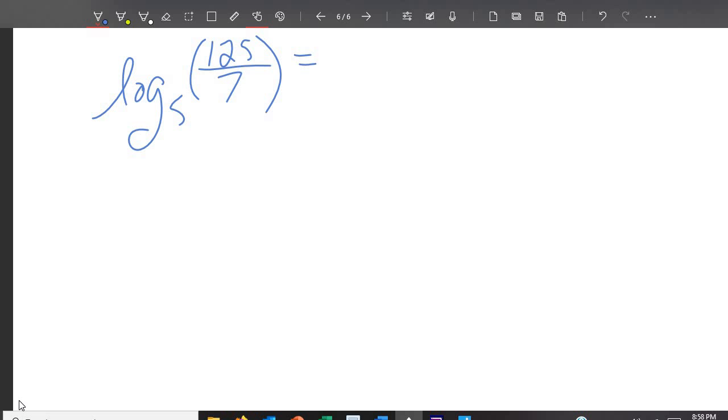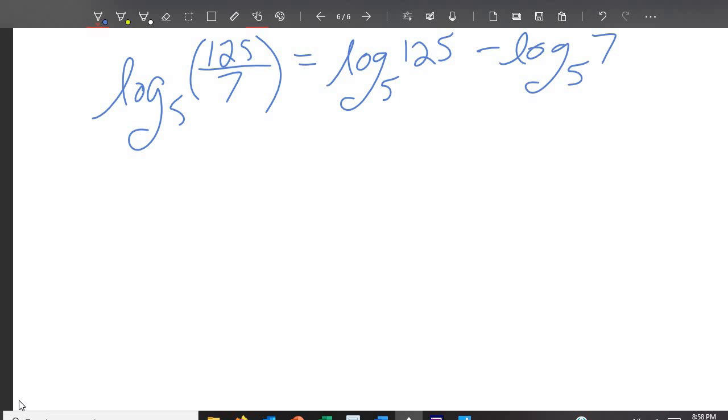Alright, let's say we had log base 5 of 125 over 7. Why not? Again, break it apart. Put the top first, put the minus sign, put log base 5 and put the bottom.